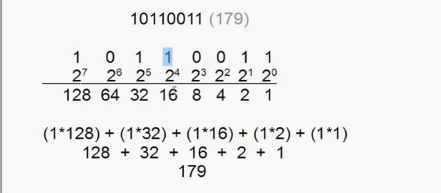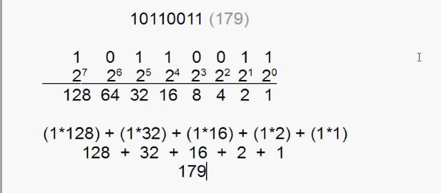We have a 1 in the 16's place, so we have a 16. We have a 1 in the 2's place, we have a 2 right here. And we have a 1 in the 1's place, so we have a 1. And it's always 1 times 128, 32, 16, 2, and 1, or 128 plus 32 plus 16 plus 2 plus 1 equals 179.